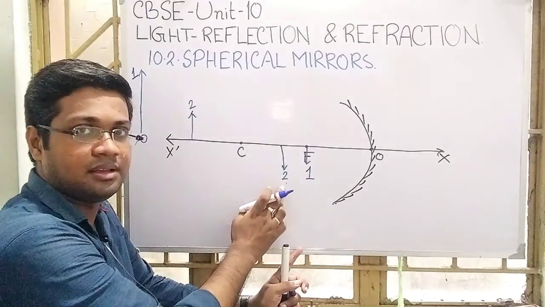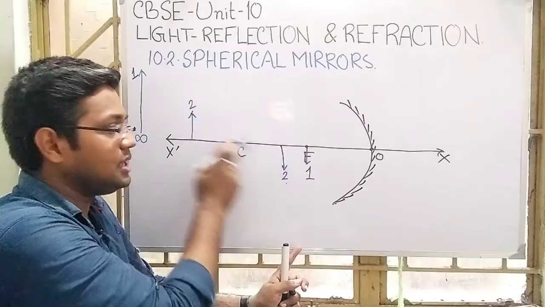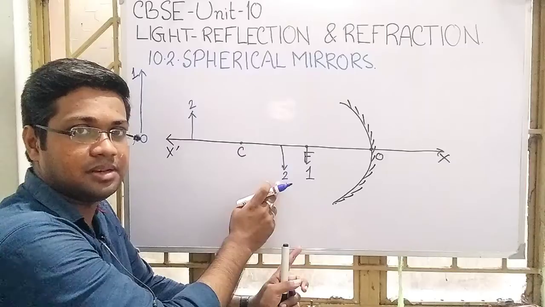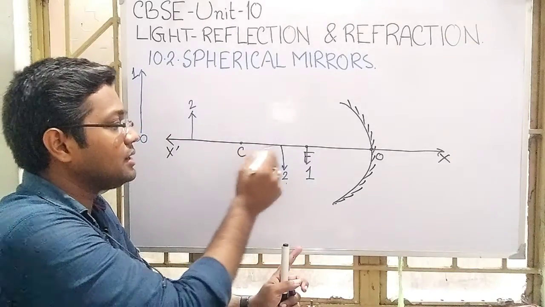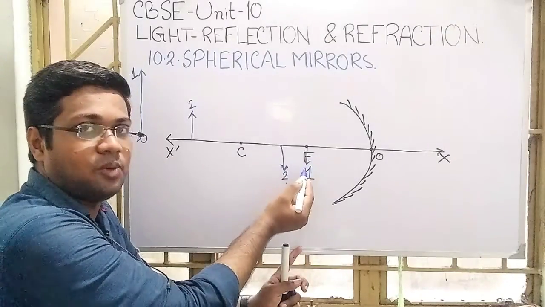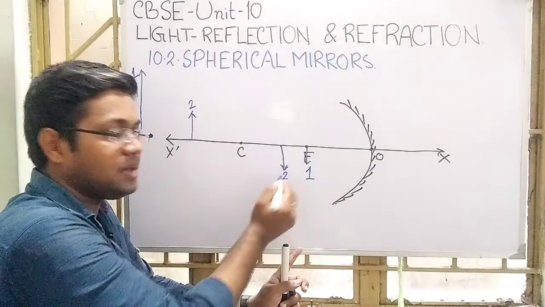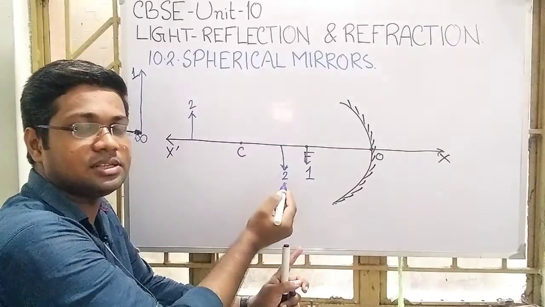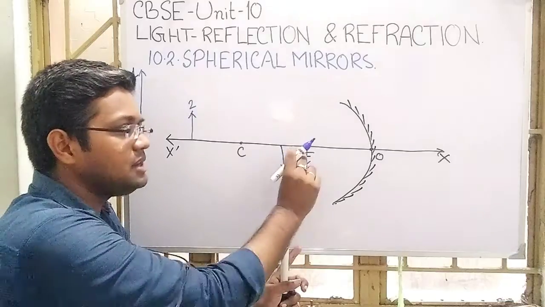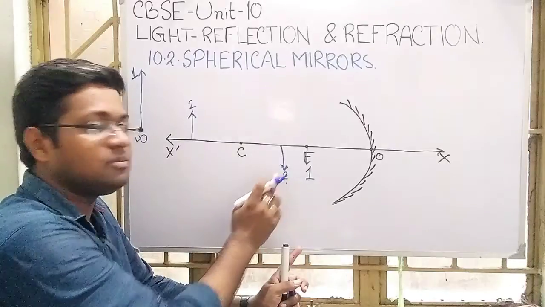It is real and inverted. The size of the image is less than that of the object, so the image is a little bit diminished, but it is greater in size than the image of position 1. Image number 2 is a little bit larger than image number 1.